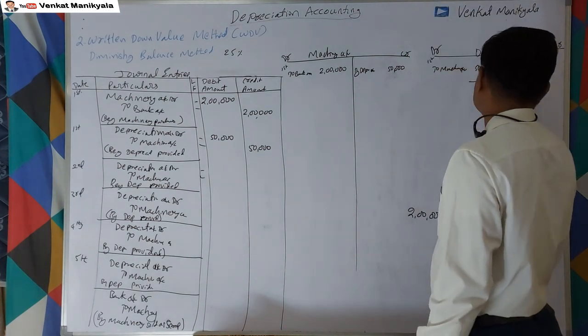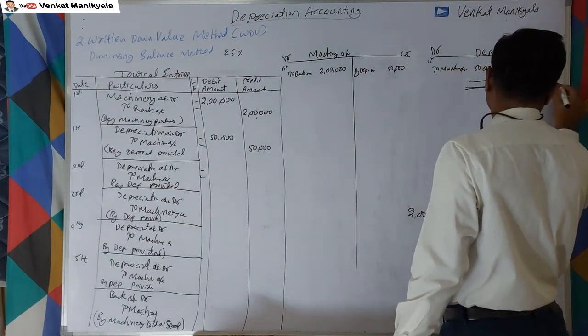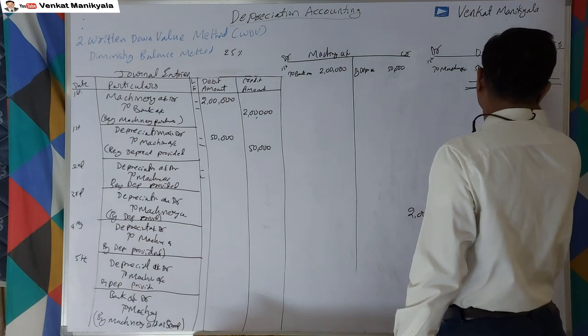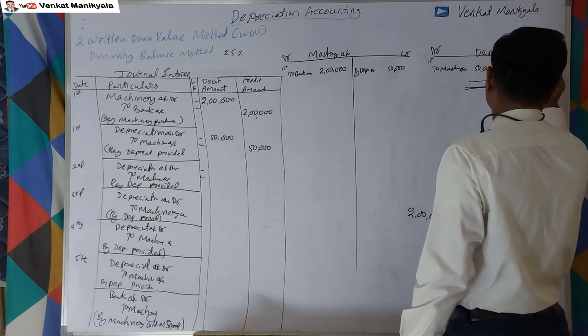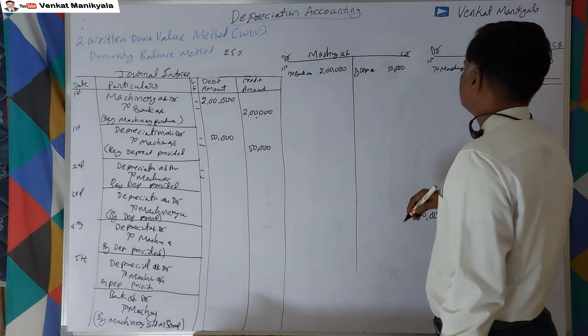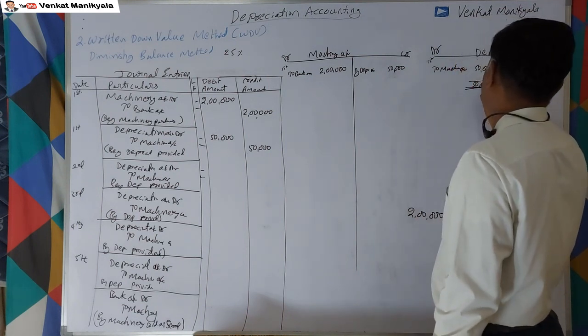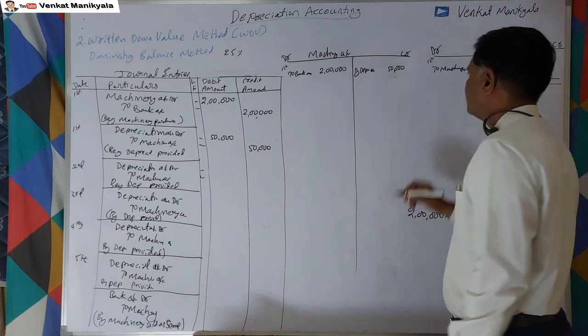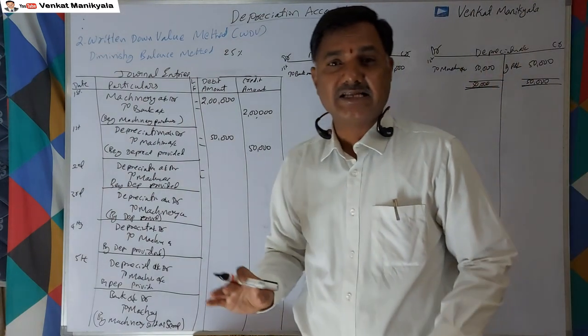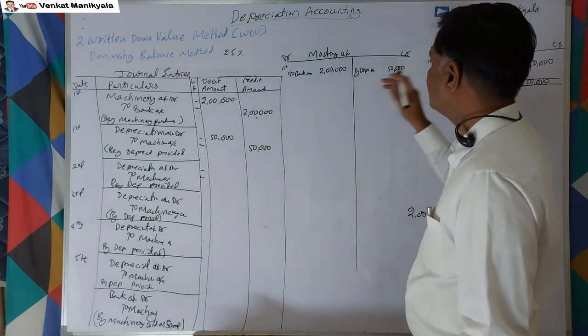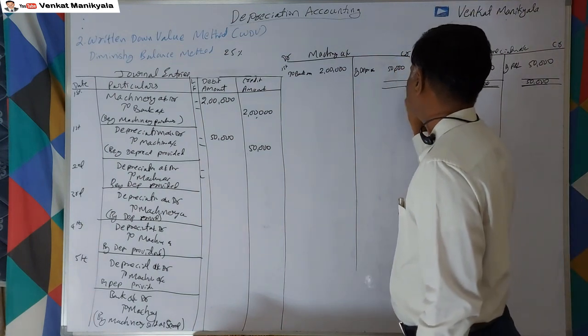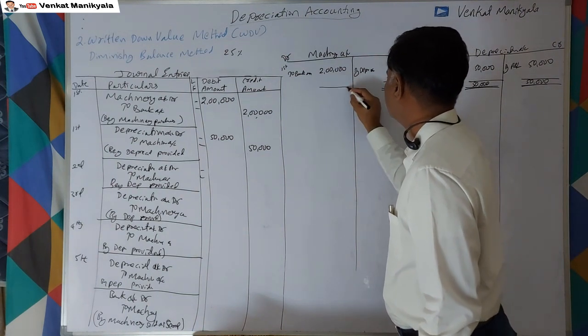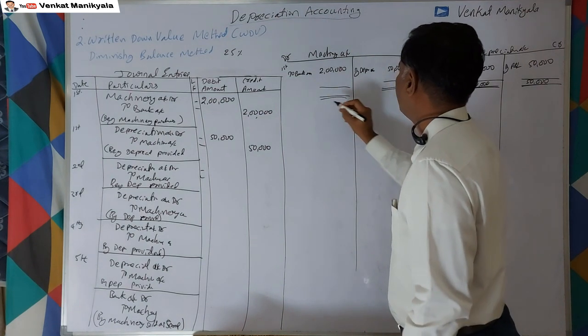So now let us balance it by P&L account. We transfer this depreciation amount to P&L account. That means there will be no opening and closing balance for depreciation account, because depreciation account is a nominal account, right? Machinery account will have a balance. Machinery account comes under which category?